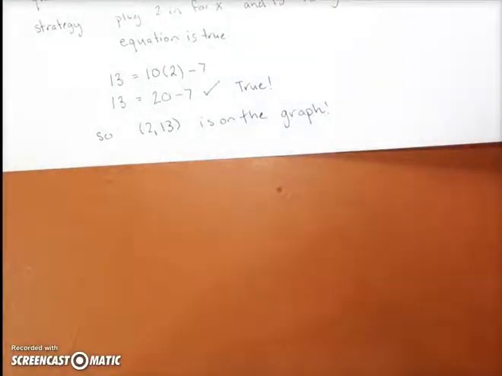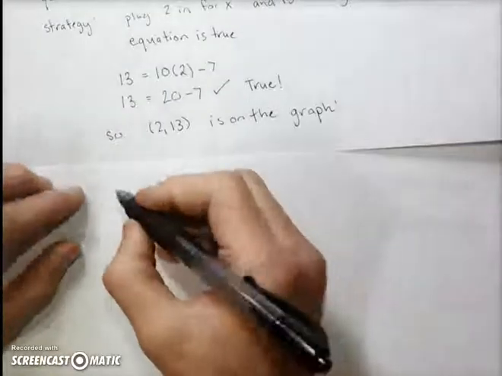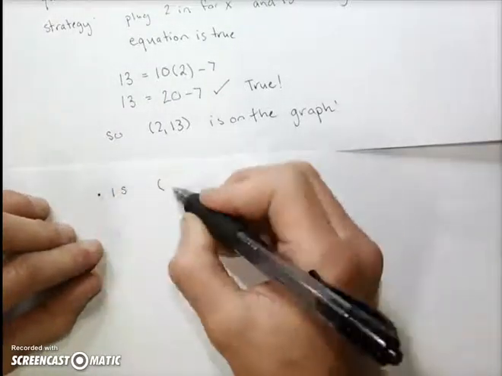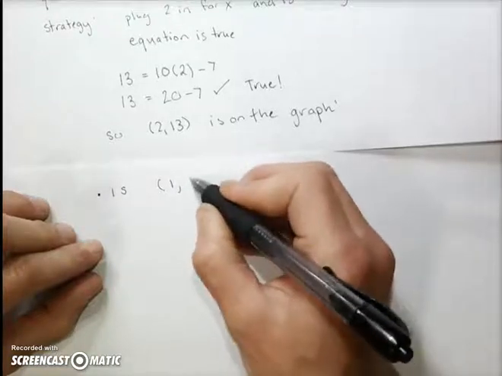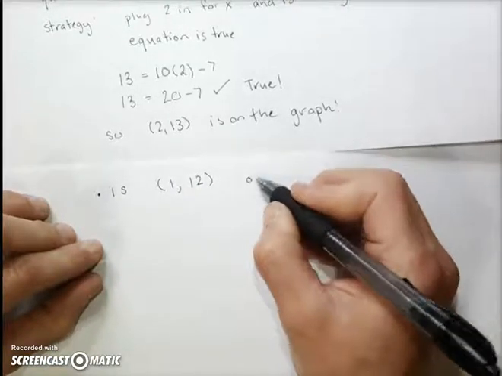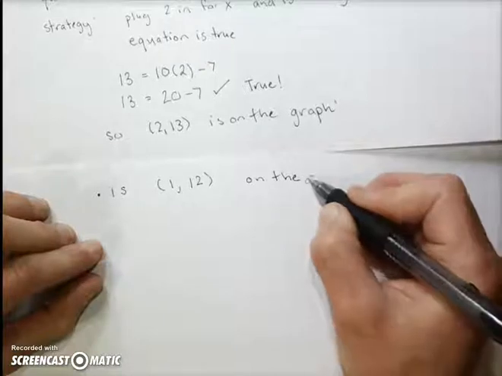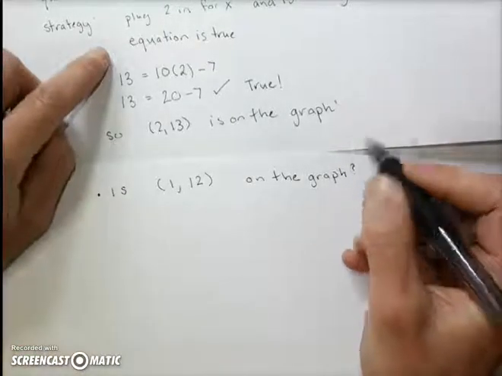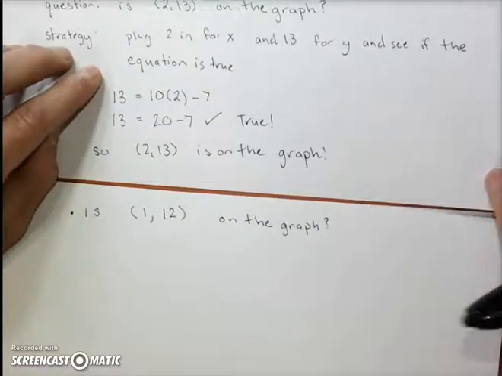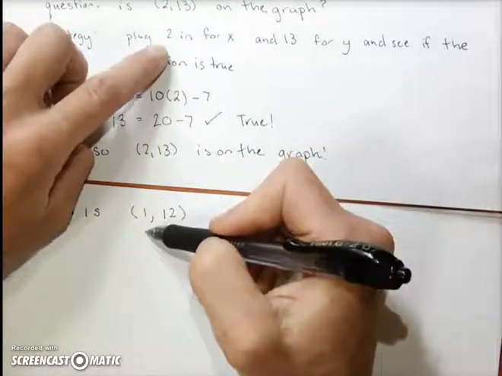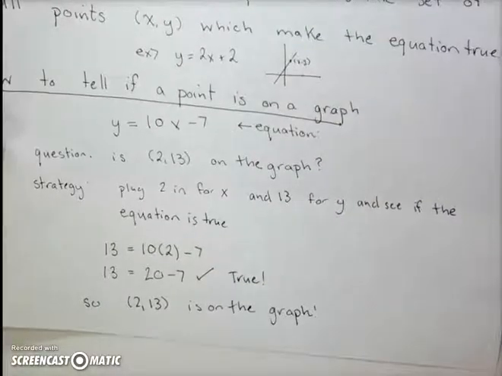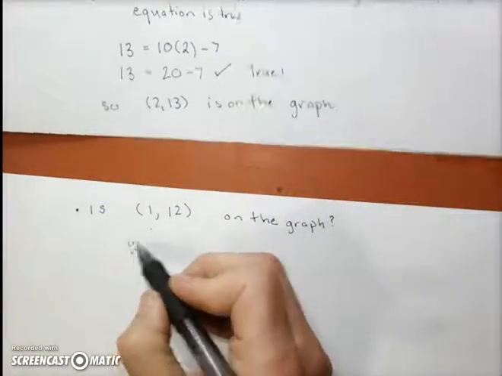Let's ask ourselves, is 1, 12 on the graph? So we use the same strategy, except we'll plug in 1 for x and 12 for y. Our equation was y equals 10x minus 7.